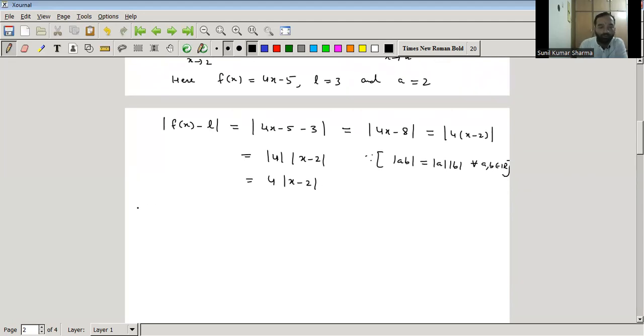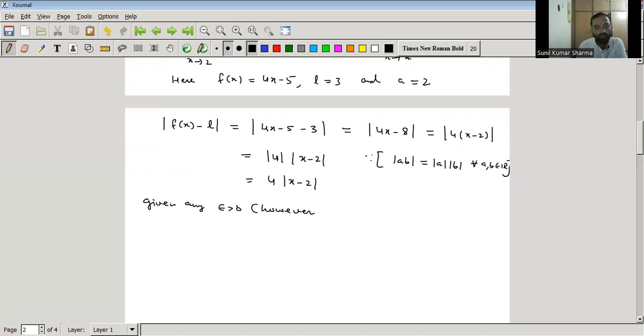So now we use the epsilon delta definition. Given any epsilon greater than 0, however small, we can also fix this epsilon.